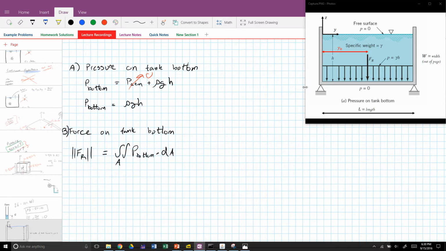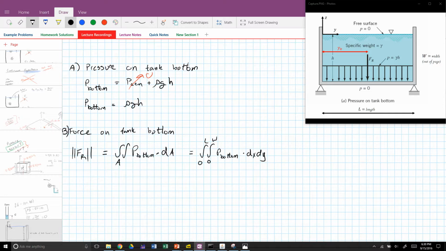Now the question is, what do we use as this area over which we integrate? Well, we know the bottom is L long and W wide, so this is equal to the integral from 0 to L, 0 to W, of P bottom times dx dy.